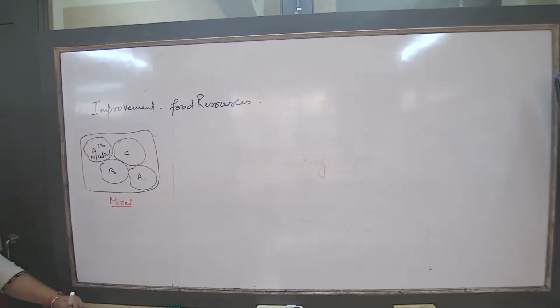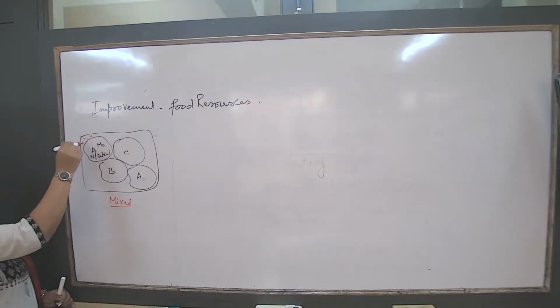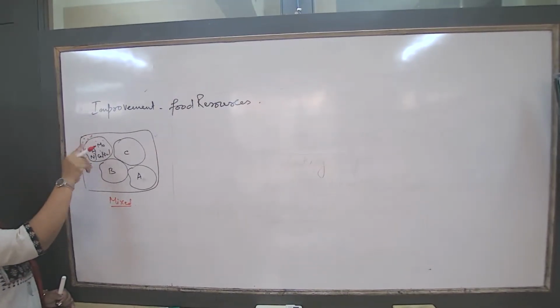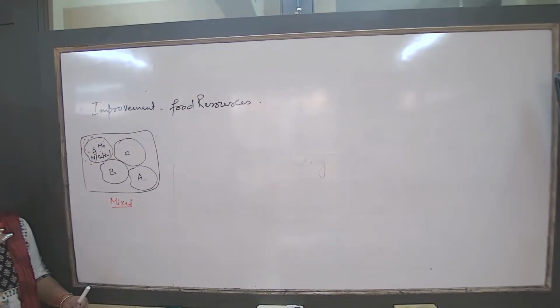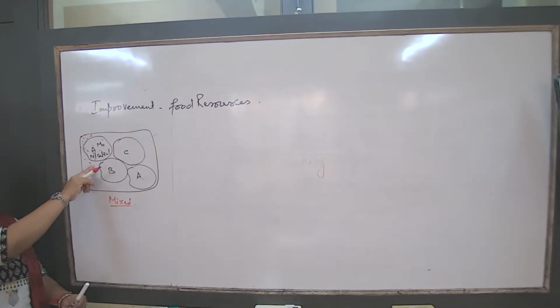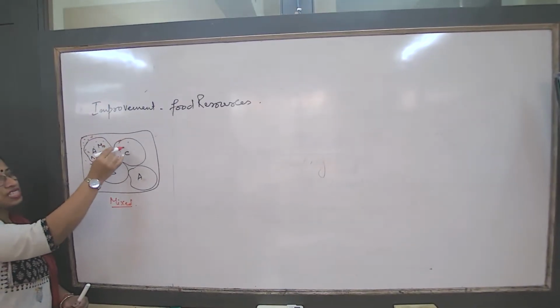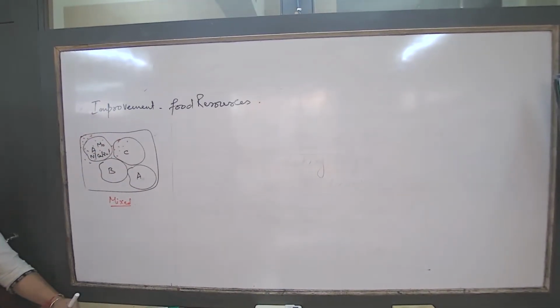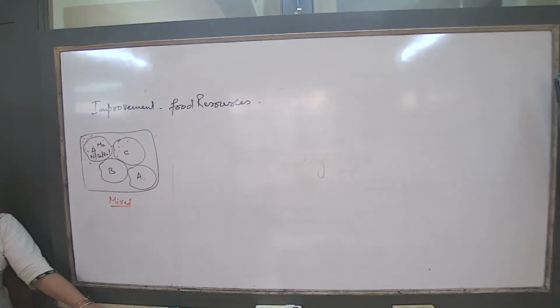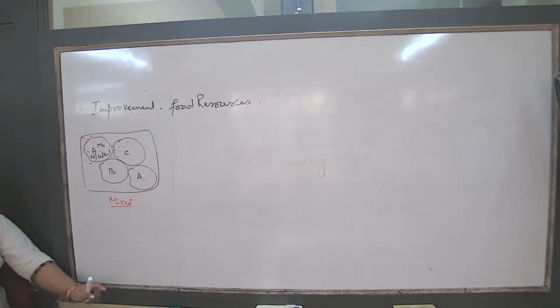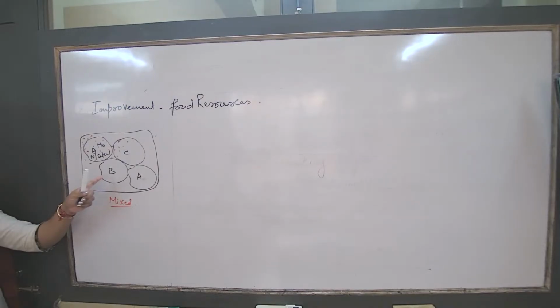So if one type of bacteria or fungus starts spreading and affecting these plants, possibly this fungus or bacteria may not affect this at all, but it may affect this type of crop. So what will be the disadvantage? If there is an outbreak of a fungus or a bacteria, then 1 or 2 types of crops will be all damaged, because it is not in a proper sequence, it is just at random.